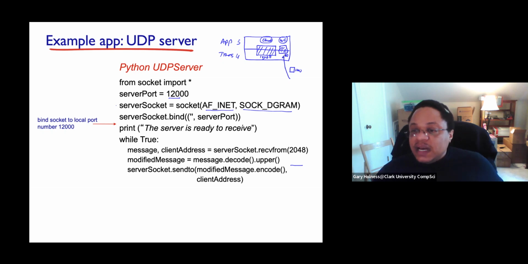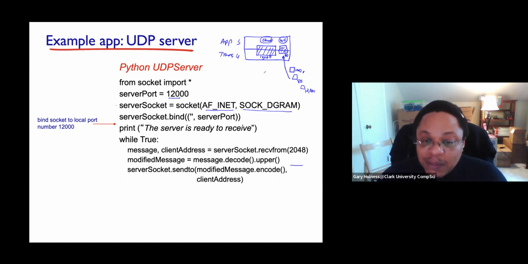You can have incoming data on the same network card stamped with 12,000, the next one stamped with 80, and then the next one stamped again with 12,000. That's how your runtime knows to which application to forward each datagram. So bind is a requirement for your server, and it's how your transport layer runtime associates one of these doorways of communication with a particular application.